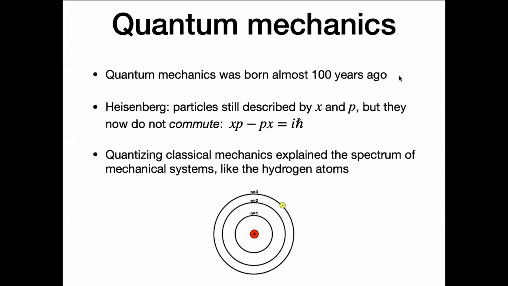But using this rule of quantization, we can take the starting point of a mechanical model of an atom, for example, its Hamiltonian, and then treat x and p as operators that do not commute with each other, and then derive the properties of the hydrogen atom, in this case, the spectrum of the hydrogen atom.